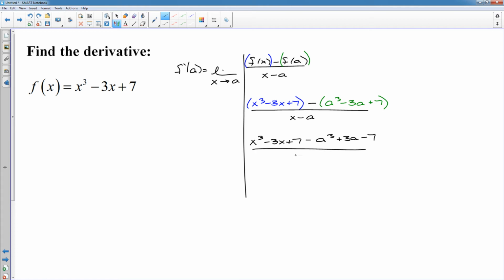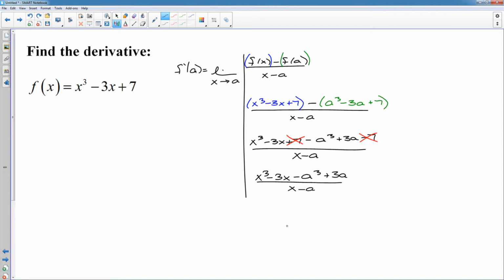And you don't get as much cancelage here, but the 7's do cancel. And that would leave us with x cubed minus 3x minus a cubed plus 3a, all divided by x minus a.